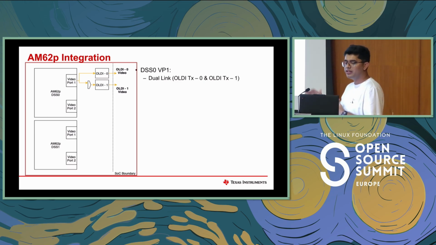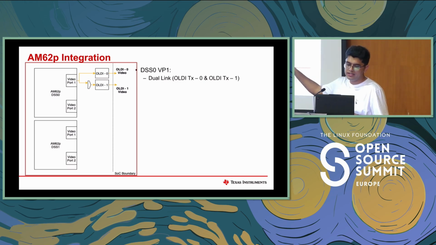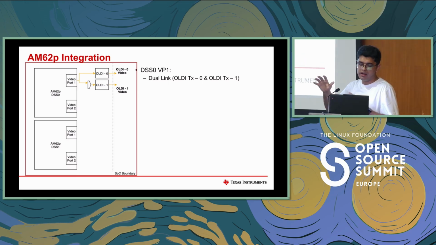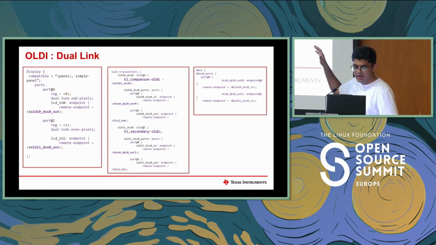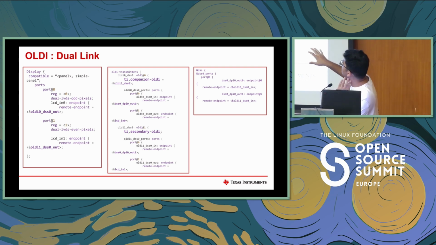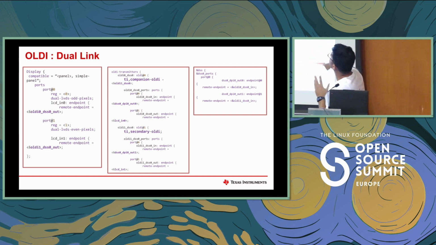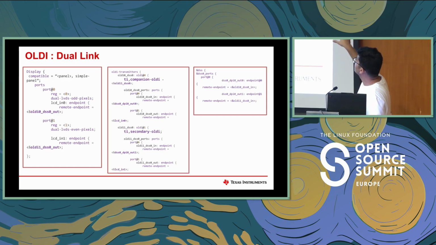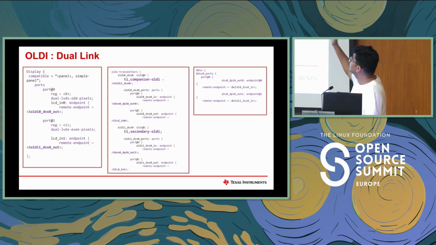So for an integration that does not use the second DSS, this is the dual link. We'd have this sort of connection. And so, okay, the device tree is a bit wonky, but I just wanted to mention that we have the same DSS supporting 2 OLDI transmitters, which interconnect each other with the highlighted properties, which are the companion OLDI and the secondary OLDI.